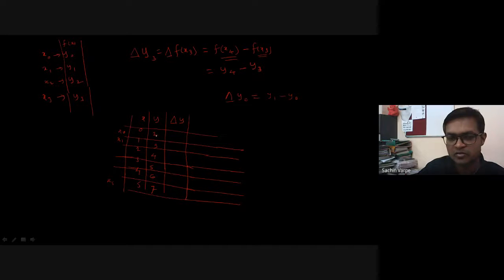So this is y1 and this is y naught, so how much will it be, 3 minus 2.